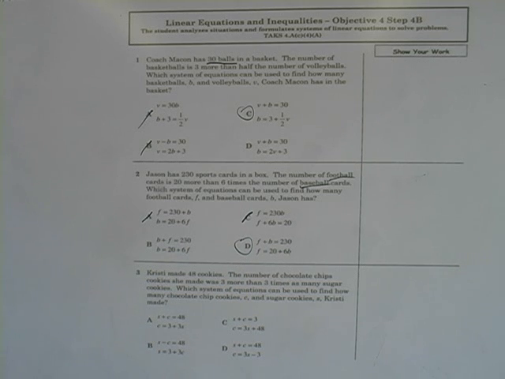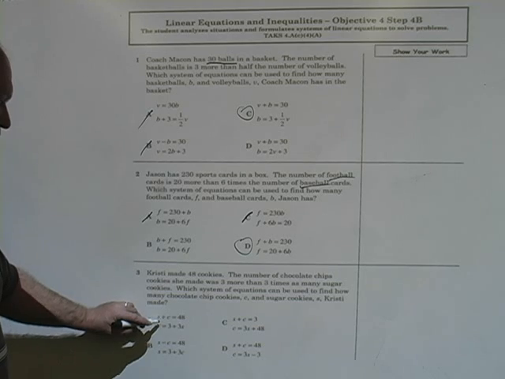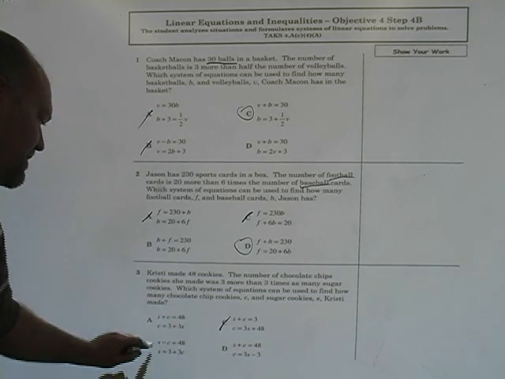Number 3. Christy made 48 cookies. Number of chocolate chips was 3 more than 3 times as many sugar. So a total of 48. S plus C equals 48.